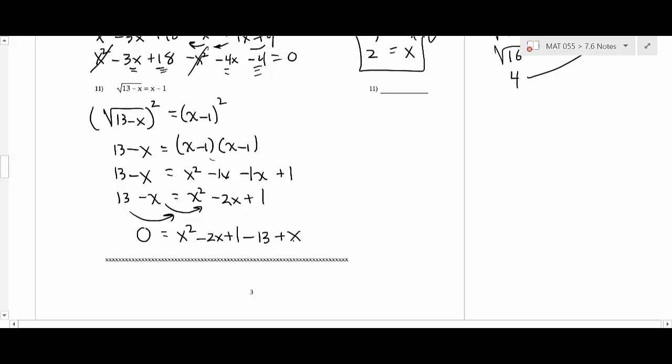Be sure if you do it that way that you change those signs. So now if we do that, we're going to have 0 equals x squared. These are like terms, so negative 2x plus x is minus x, and 1 minus 13 is minus 12. So if you got down to that point, that's good. Did you get down to that point?